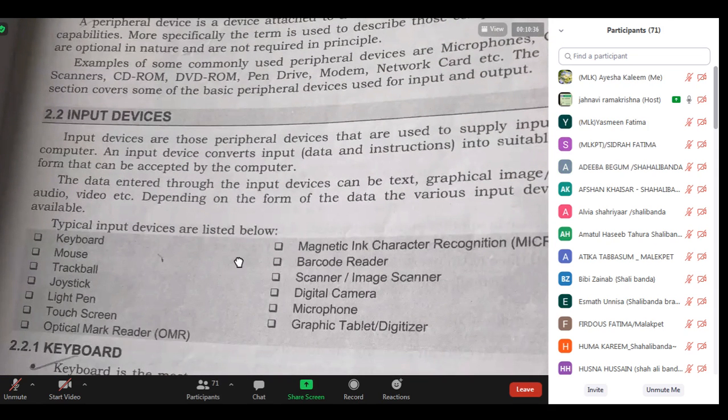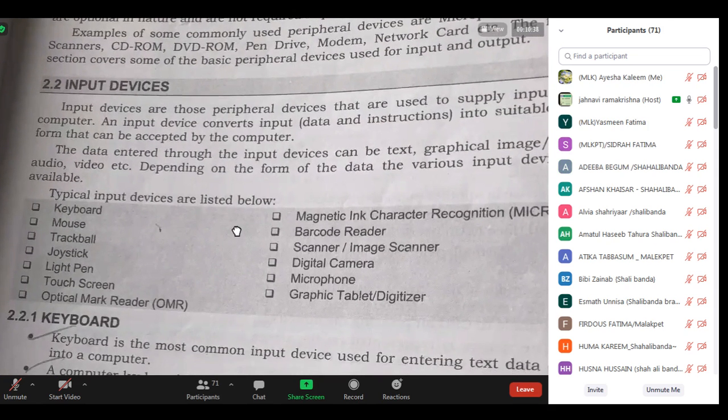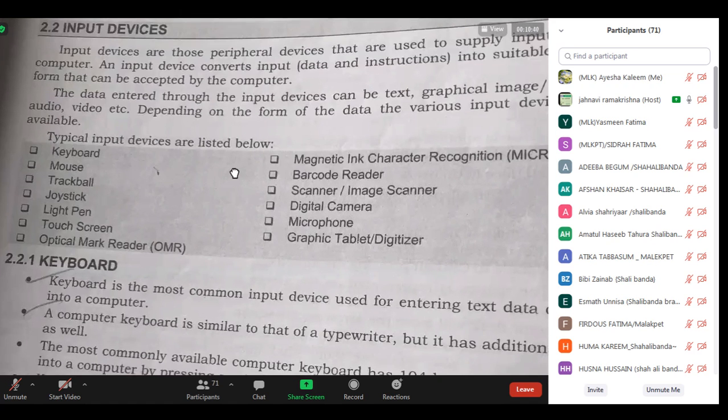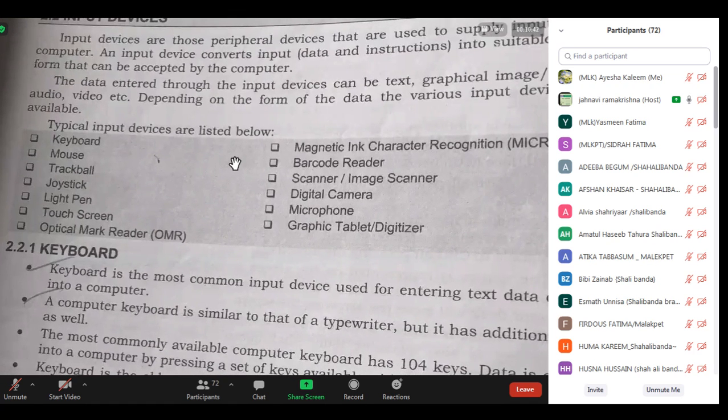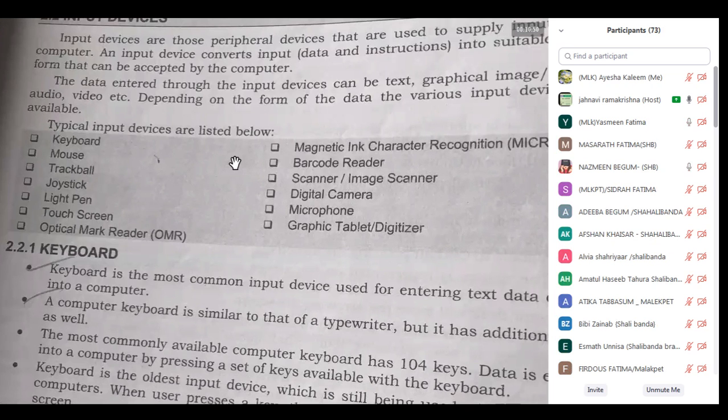So first one, keyboard. What does it mean? One board which consists of keys. Do you want me to show the keyboard, or are you all aware of what exactly a keyboard is? Not needed. If you see the arrangement of the keyboard, there will be function keys F1, F2.